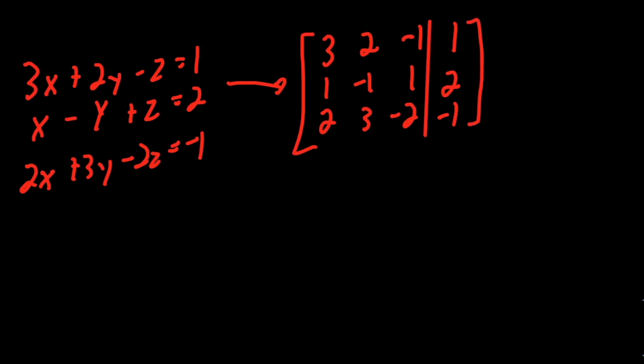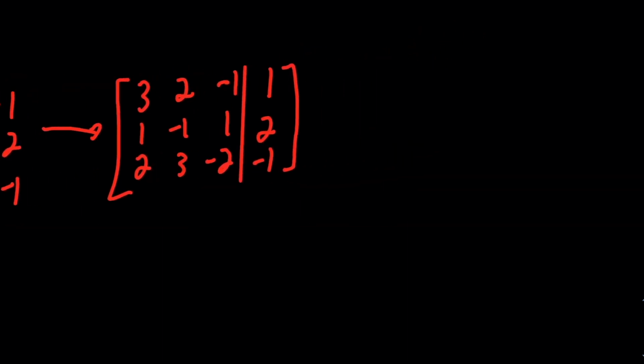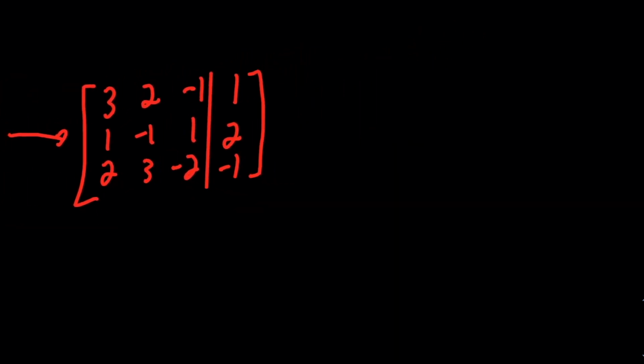It is vital to draw a vertical line, the vertical line representing the equal symbol. And now we are going to implement a series of matrix operations that will yield a matrix presented in row echelon form.